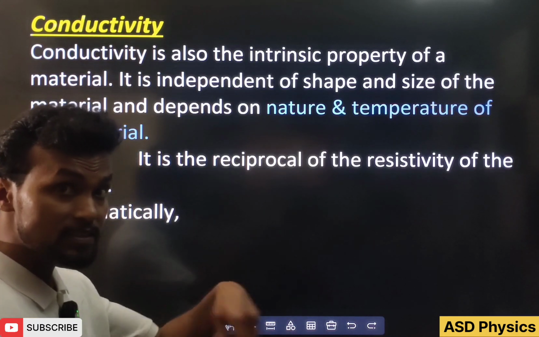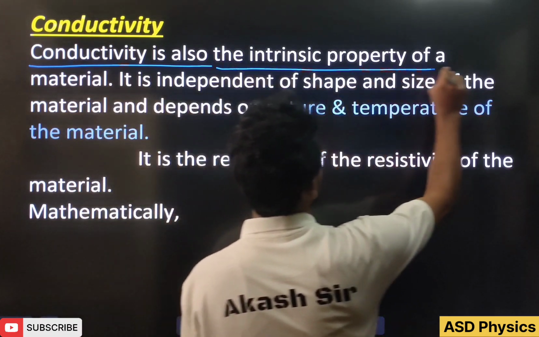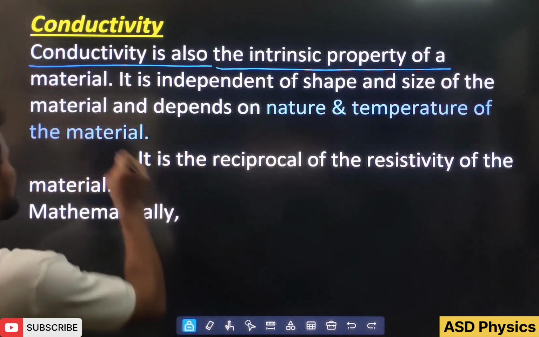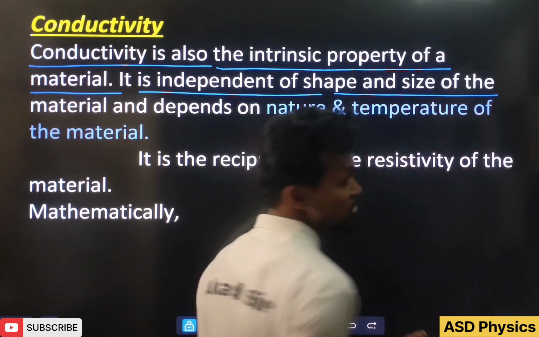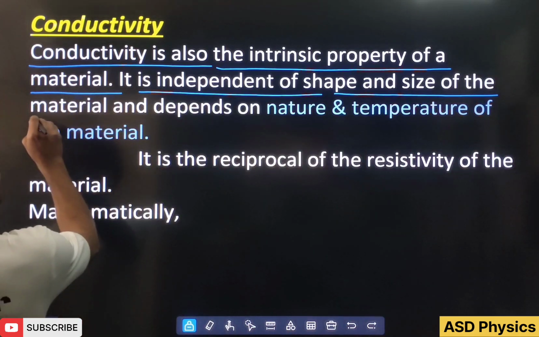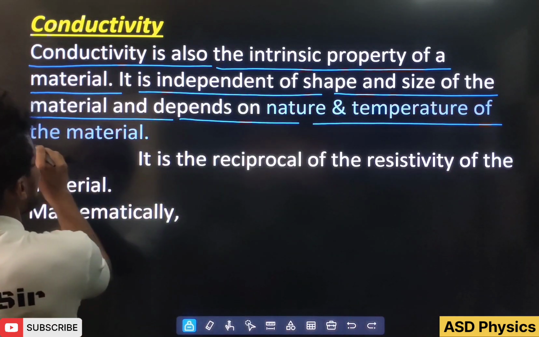Like resistivity, in the same way conductivity. Conductivity is also the intrinsic property of a material. It is independent of shape and size of the material and depends on the nature and temperature of the material.